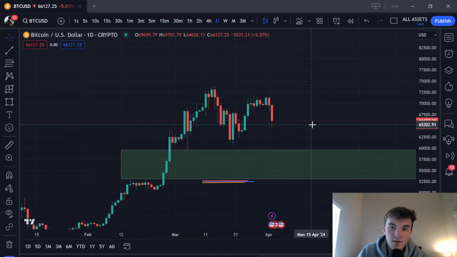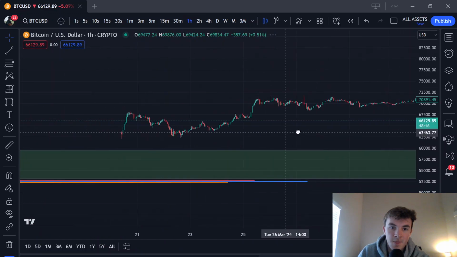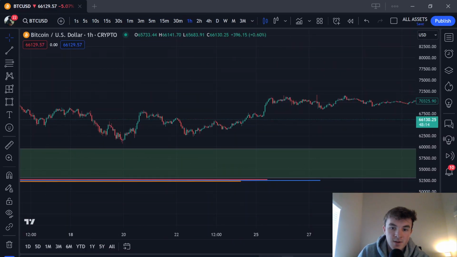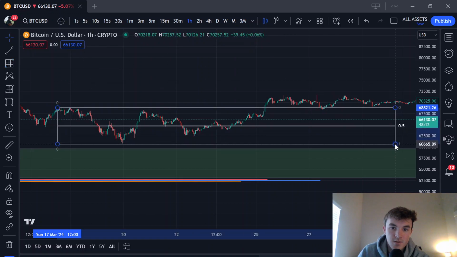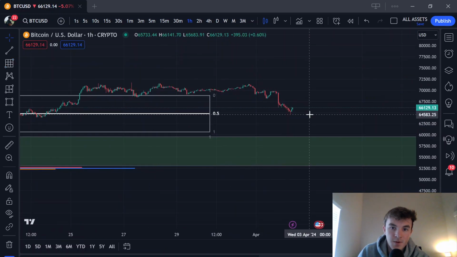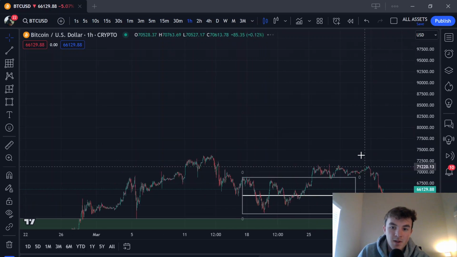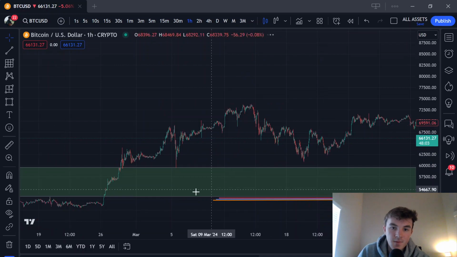Or, right, if it wants to just go straight up, that's fine as well. Because, look at this. Midpoint, possible reaction, and then where would price want to go?